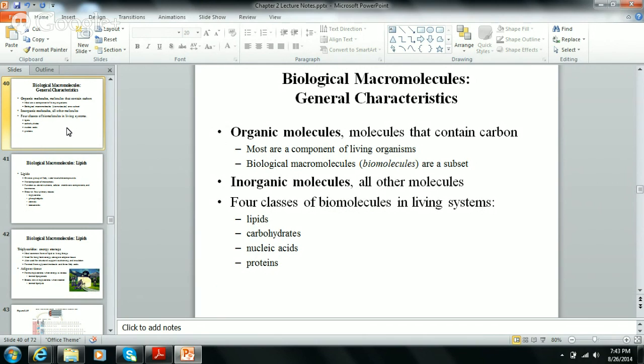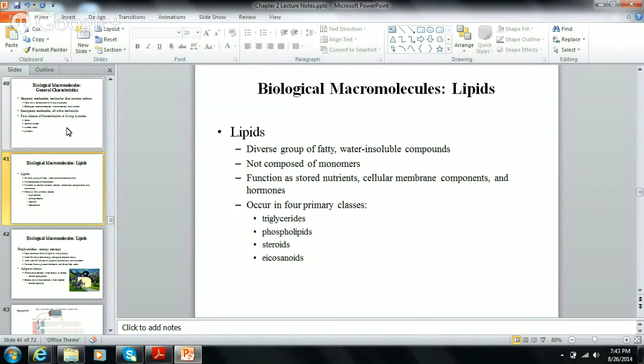Typically, when I talk about this, I start with carbohydrates, but we're going to take a twist. Hey, let's do something new. Let's go with lipids. Lipids are very interesting substances. They are water insoluble, which means that if you stick fat in water, it's not going to mix.